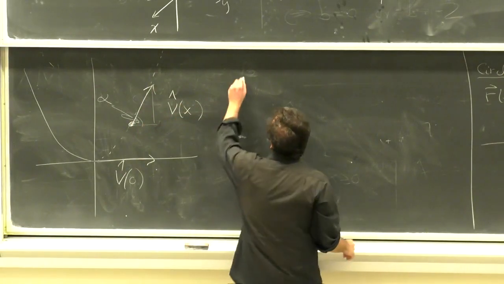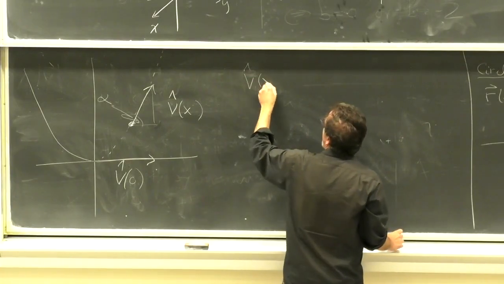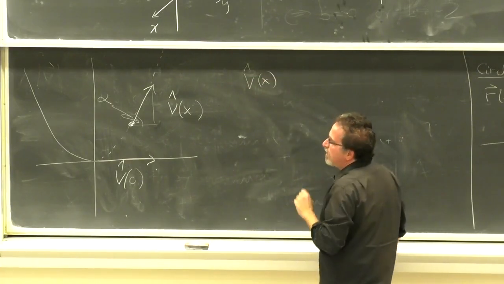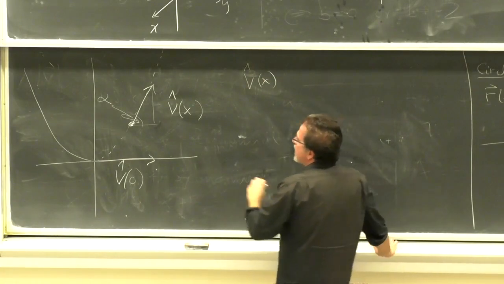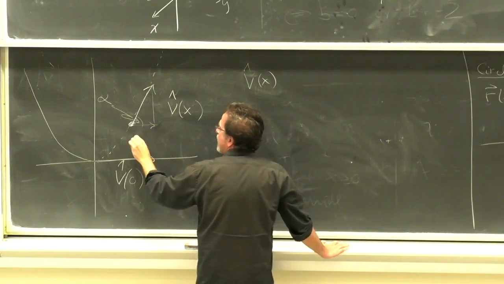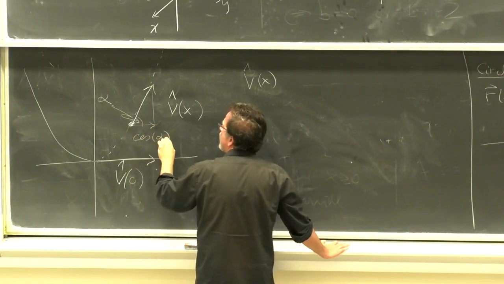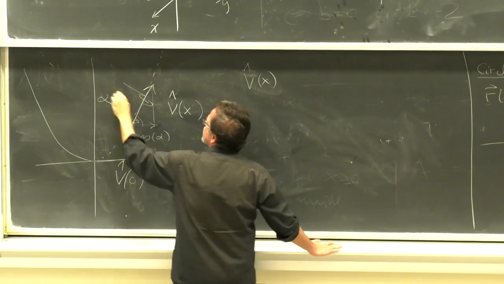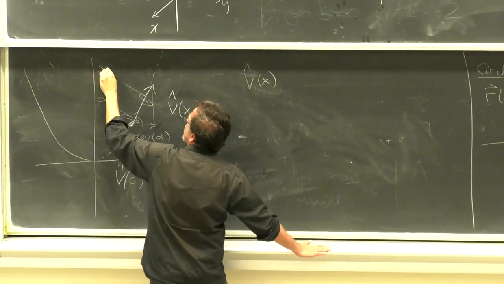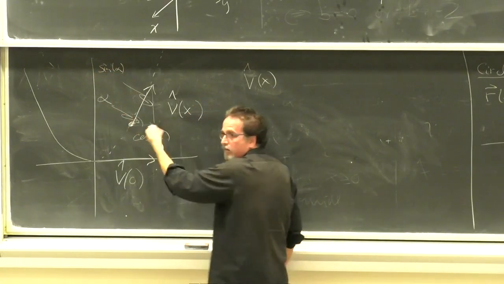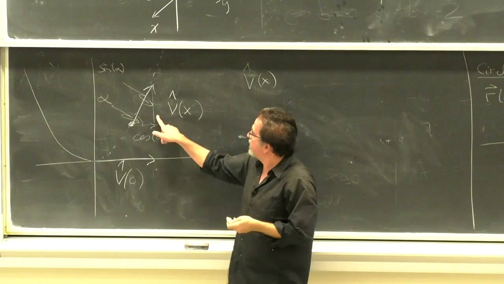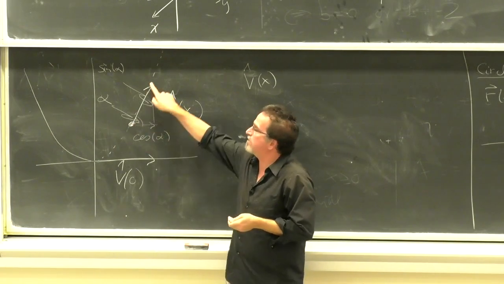So you can imagine v hat of x. Well, it's a unit vector. Its x component, therefore, is the cosine of alpha, and its y component is the sine of alpha. If it's a unit vector, it must satisfy that this is the sine of alpha, this is the cos of alpha, and this is 1.